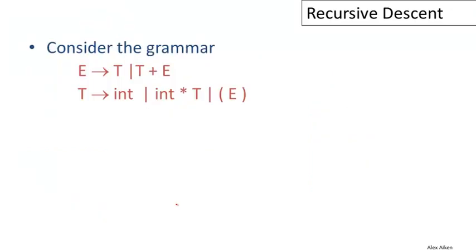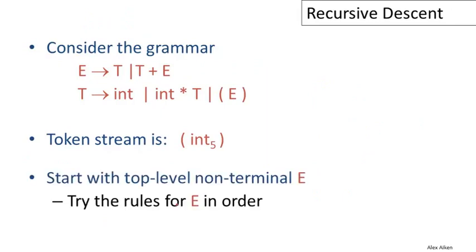So let's consider this grammar for integer expressions. And let's look at a particular input, a very simple one, just open paren 5, close paren. And now we're going to parse this using a recursive descent strategy. I'm not going to actually show you any pseudocode or anything like that.